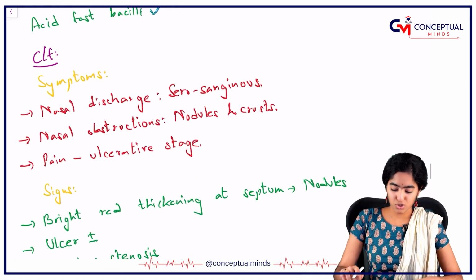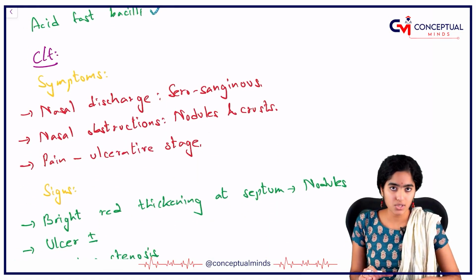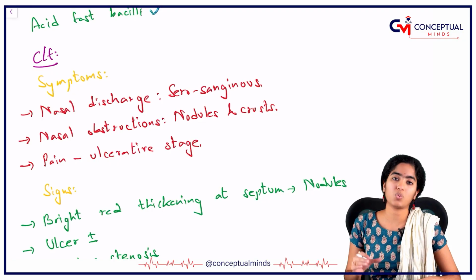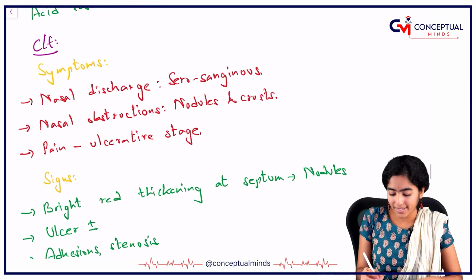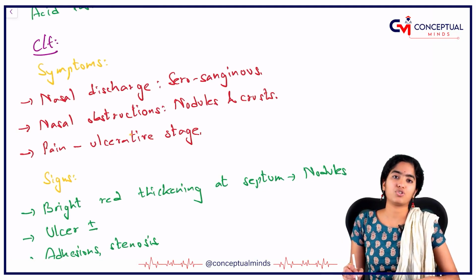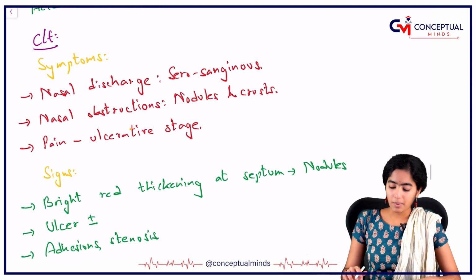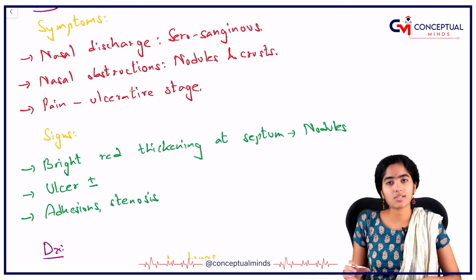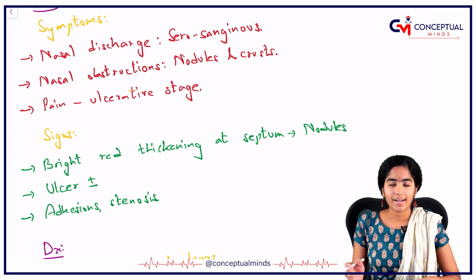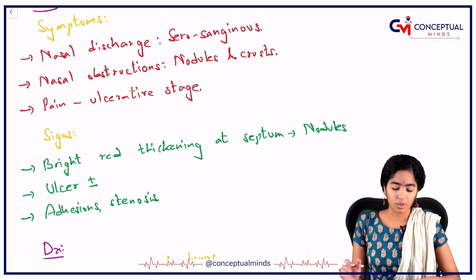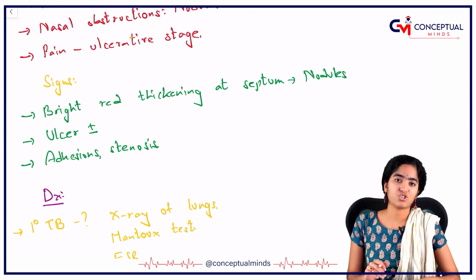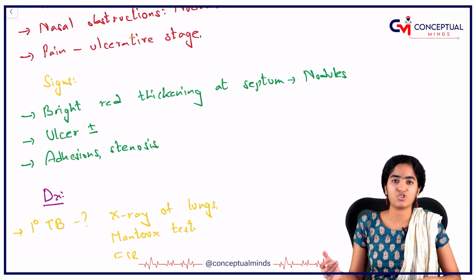What are the clinical features? A serosanguinous nasal discharge, nasal obstruction because of the swelling and crusting, and also pain is seen only in the ulcerative stage. Signs are a bright red thickening at the septum, that is, nodules can be observed, and ulcer and perforation could or could not be present, and you will also see adhesions and stenosis if it is the cicatricial stage.